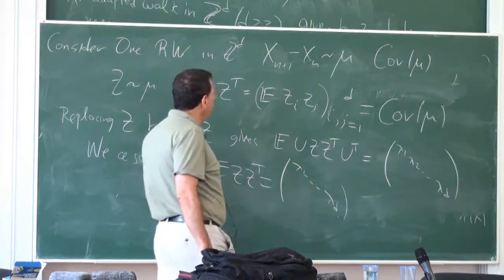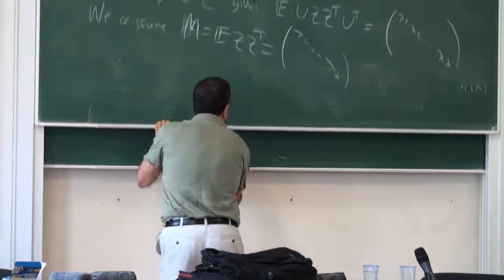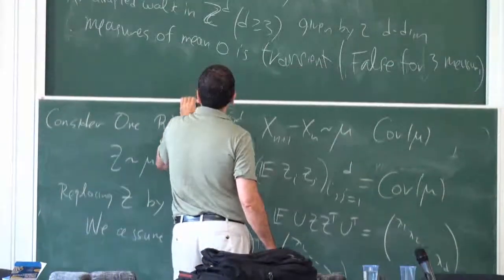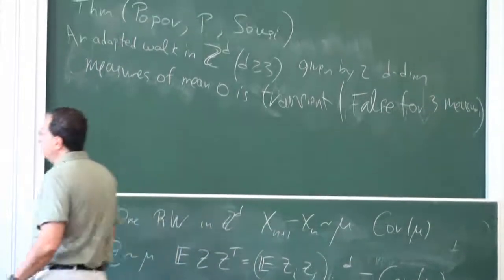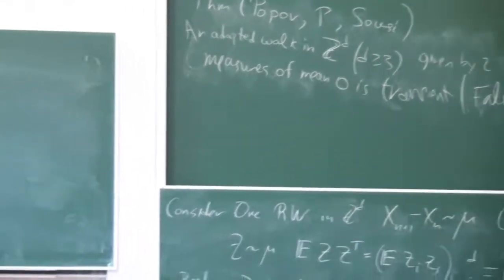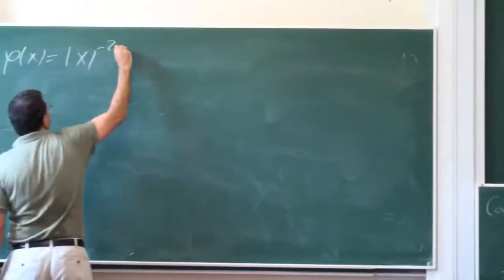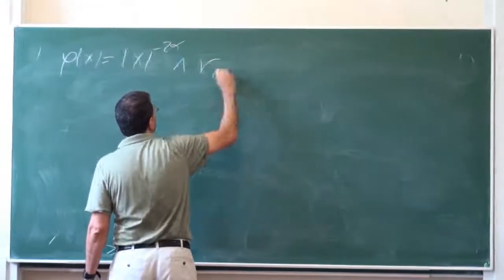Okay, now let's take the function norm of x to the minus 2 alpha, and we're going to truncate it at some value.